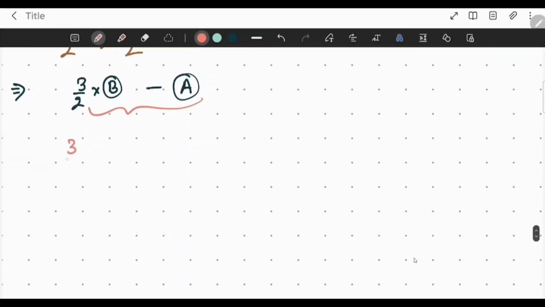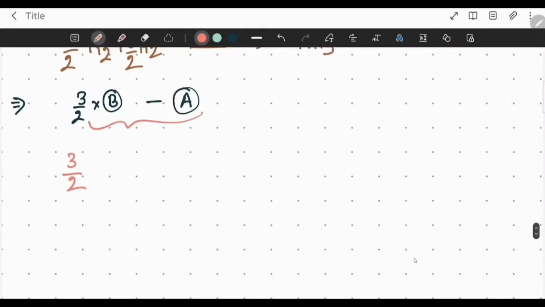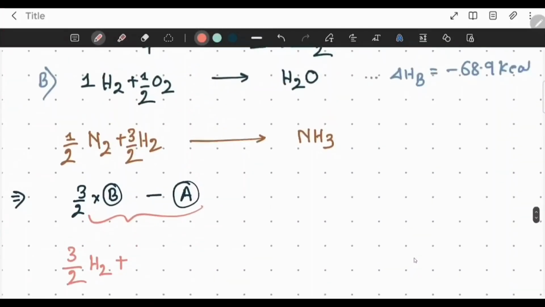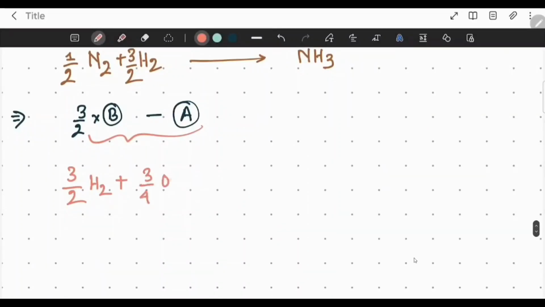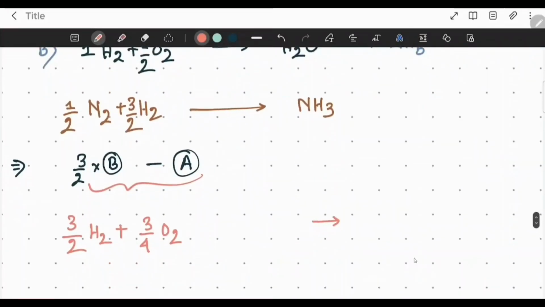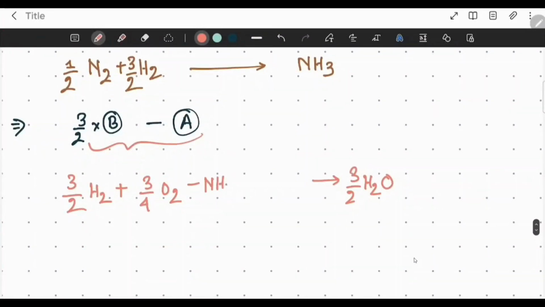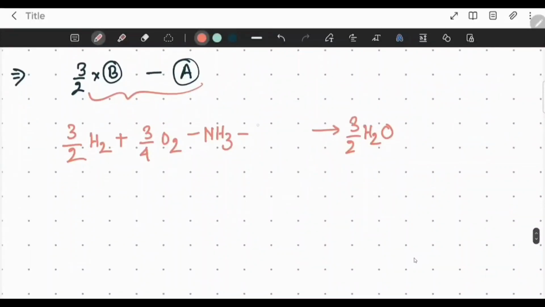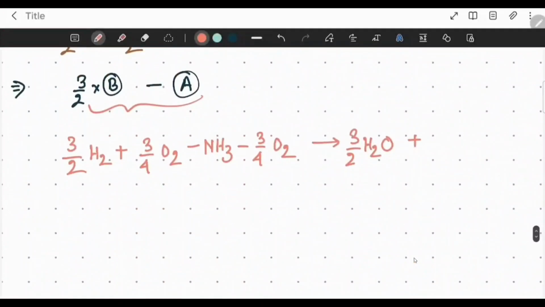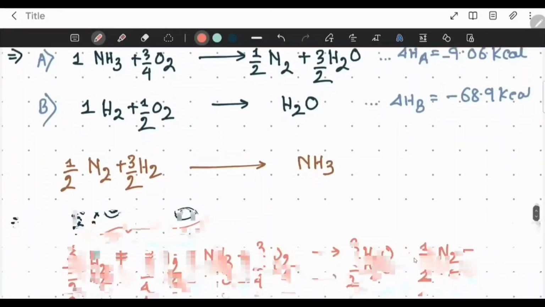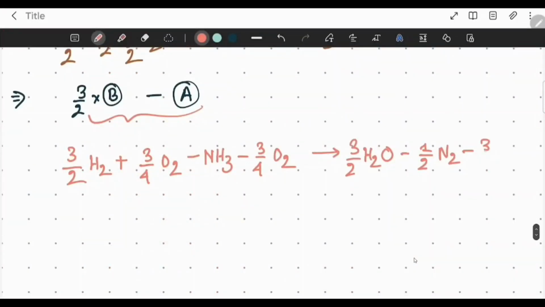We'll have 3 by 2 H2 plus 3 by 4 O2 on this side, and 3 by 2 H2O minus A on the other. A is NH3 plus 3 by 4 O2, and here it will be minus half N2 and minus 3 by 2 H2. Good.